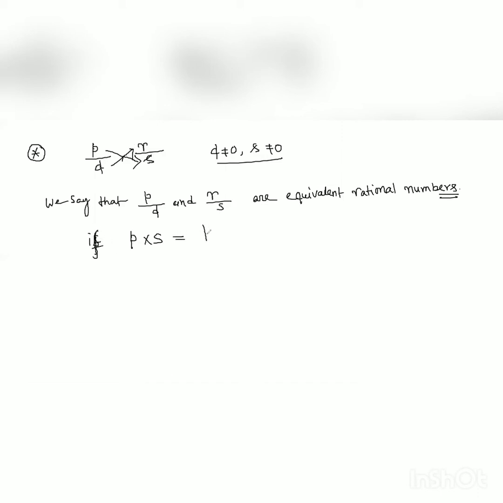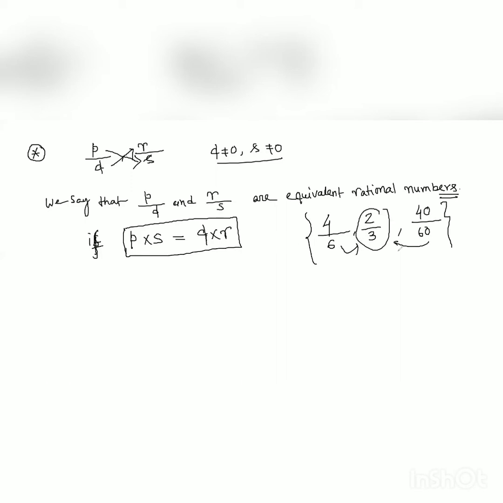Because if we take 4 by 6, it can be written as 2 by 3 after cancelling 2. Similarly, it can be written as 40 by 60. All of them are equivalent to each other. If we simplify, we get 2 by 3 in all cases, so 2 by 3, 4 by 6 and 40 by 60 are known as equivalent rational numbers.